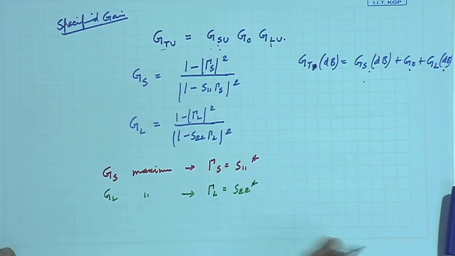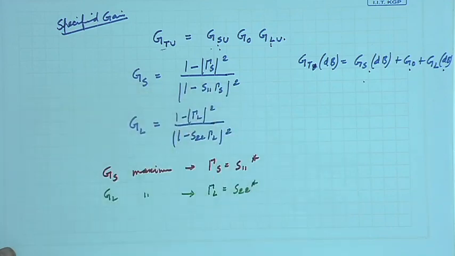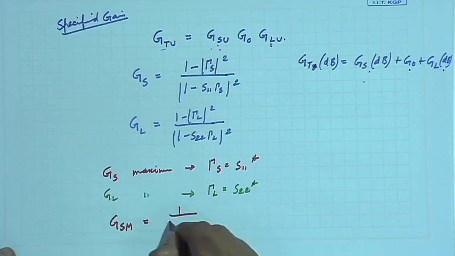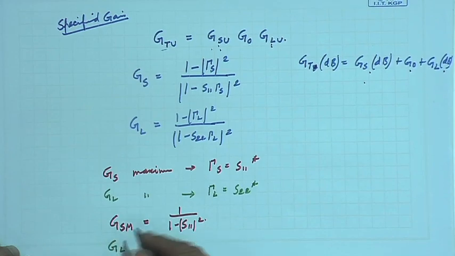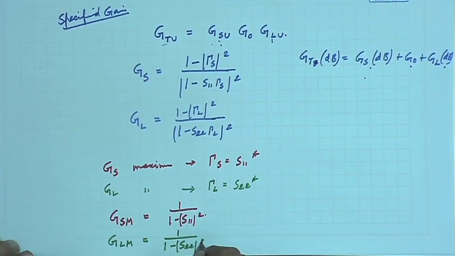If I can do that, then immediately there will be the maximum, just from here you can see. I can write that value, GSM, that is 1 by 1 minus |S11| squared. So, the maximum I can do depends on the S11 parameter. Similarly, from the output matching section, GLM is 1 by 1 minus |S22| squared.